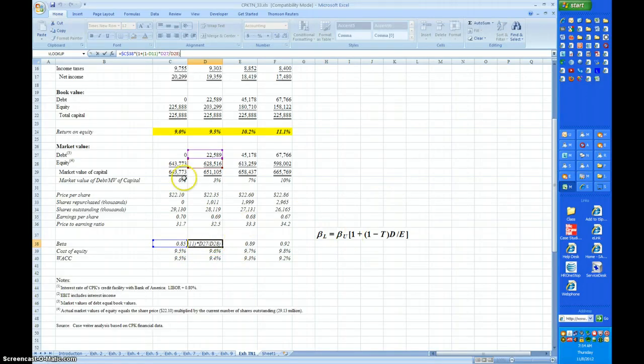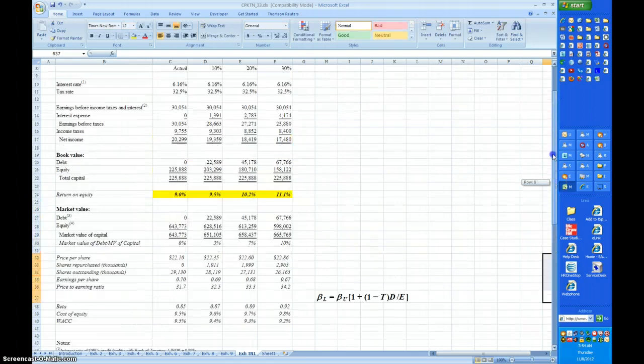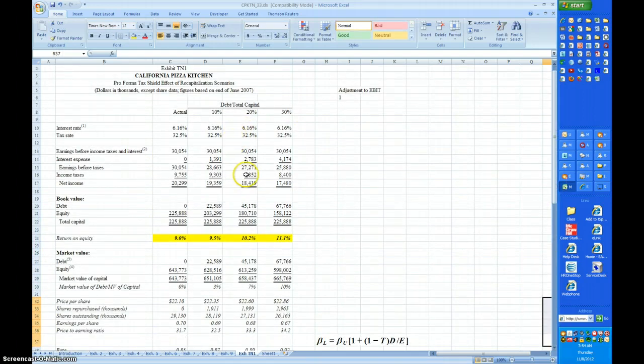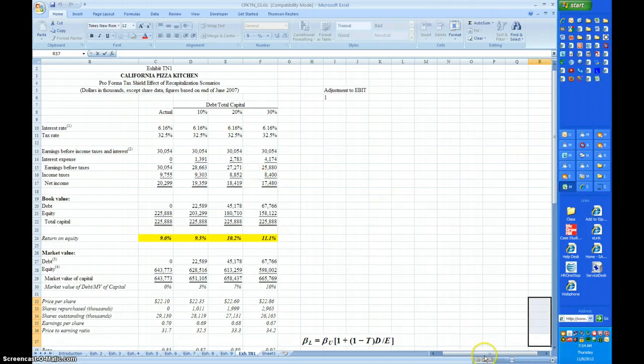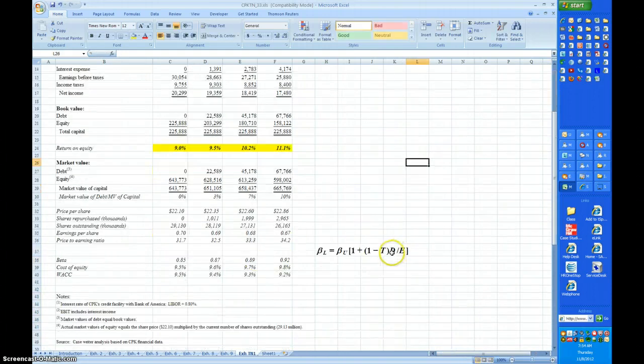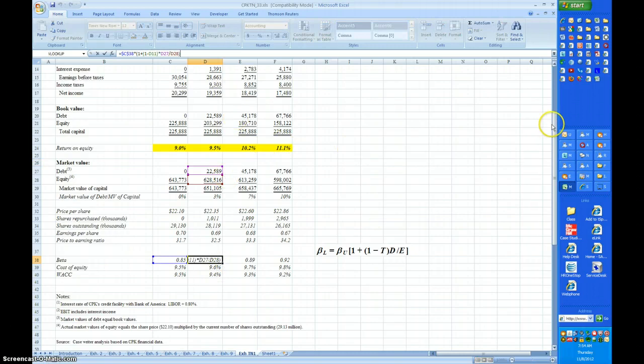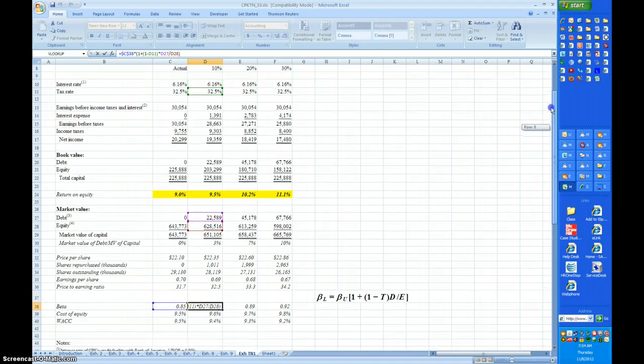Again, these calculations correspond to this ratio, where this is the unlevered beta, the BU here in blue, times 1 plus 1 minus the tax rate, times the new debt to equity ratio.